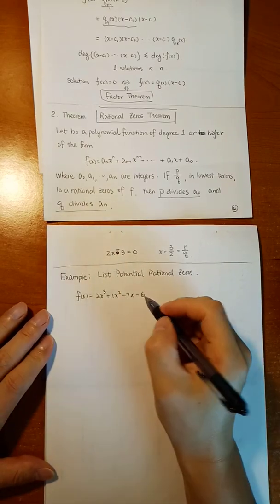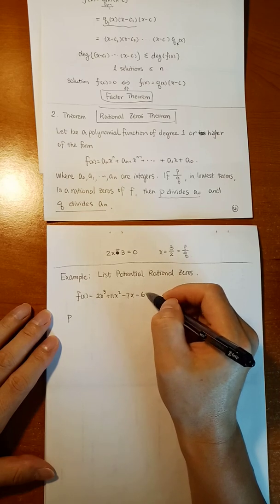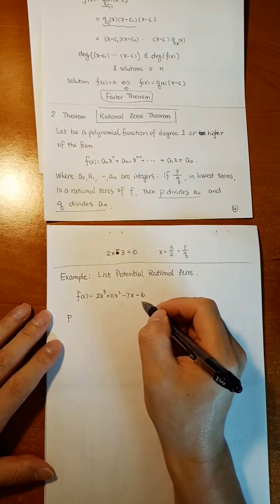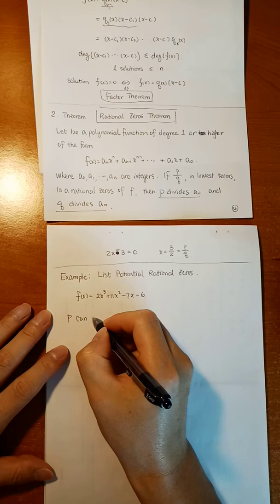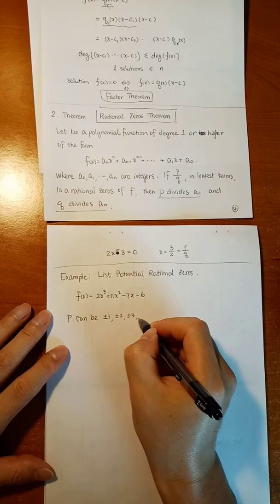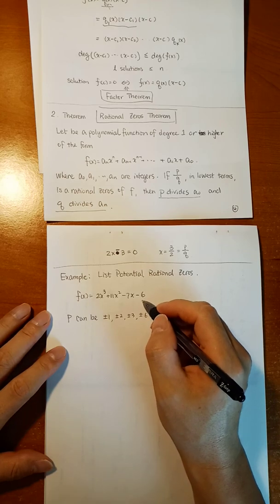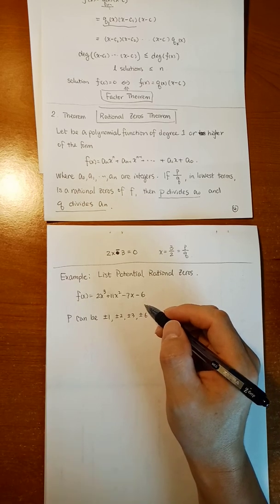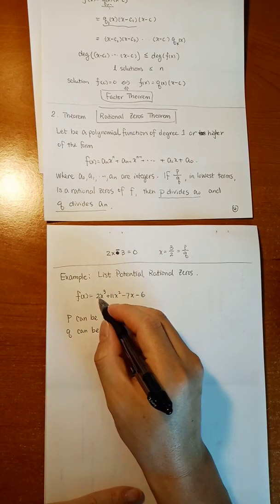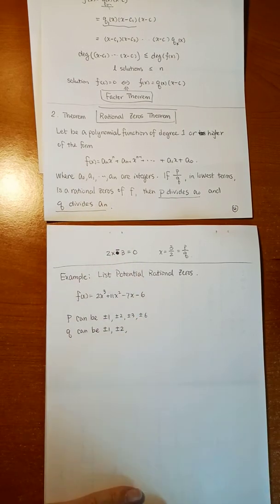Then let's check P. The numerator divides the constant term, so P can be a factor of negative 6. So P can be plus or minus 1, plus or minus 2, plus or minus 3, and plus or minus 6. They are all the factors of negative 6. And Q has to be a factor of 2, so Q can be plus or minus 1 and plus or minus 2.